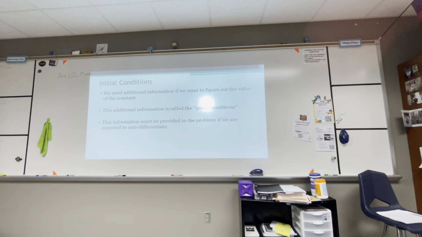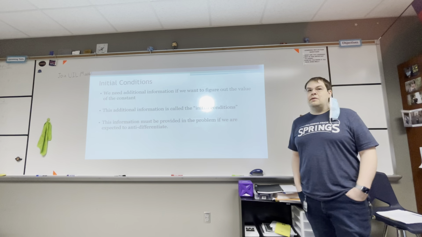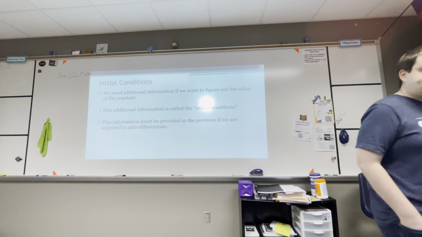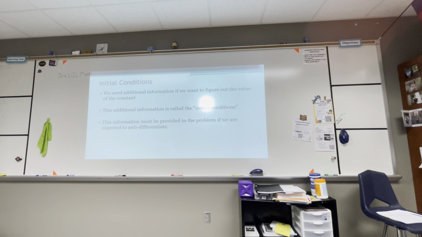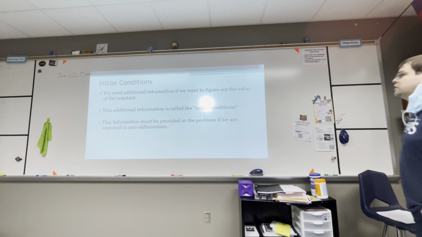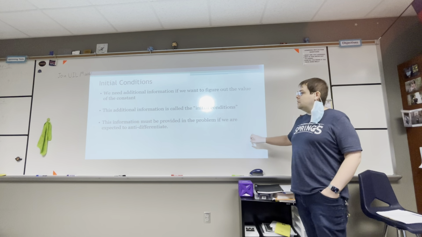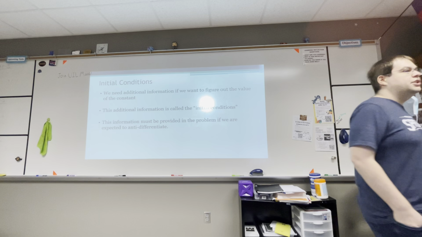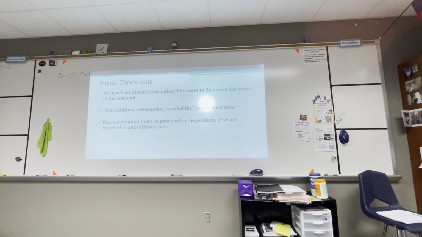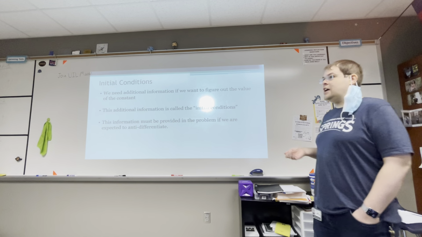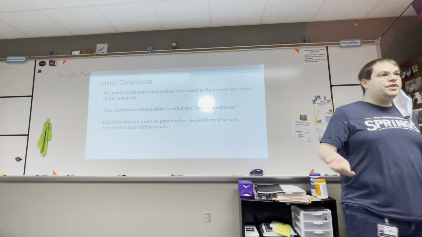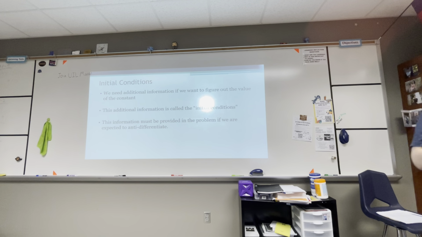Now we can actually solve for this variable and figure out what value it should be. But to do that, we may need some additional information. This is what we call initial conditions. This information must be provided in the problem if we're expected to anti-differentiate. If it just wants you to come up with a function, leave it as the variable. If it wants you to actually solve for everything in that function, then we may need additional information.